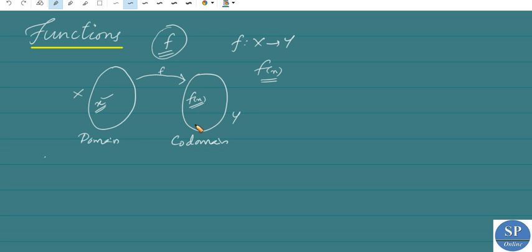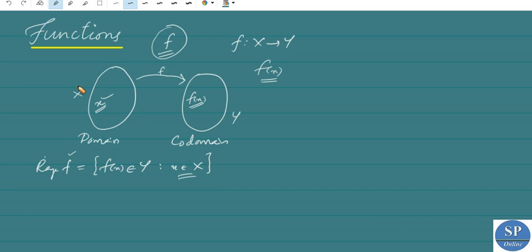That means the range of f is equal to the set of all f of x belonging to Y for x belonging to X. That means the range of a function f is the collection of all values of x in X under f. That is the range of f.